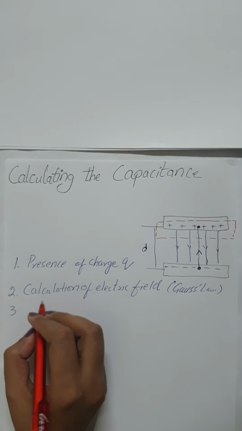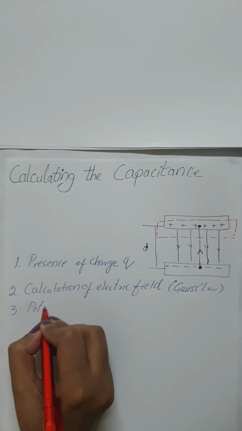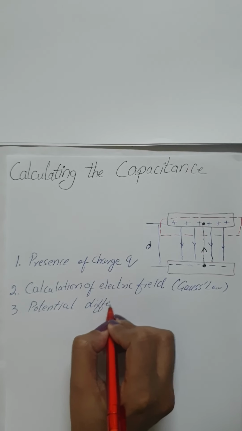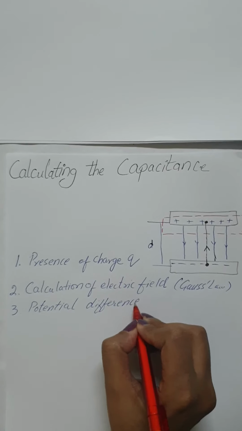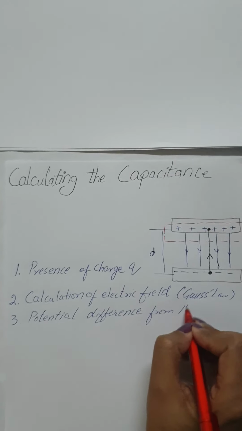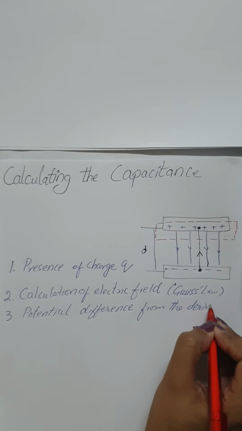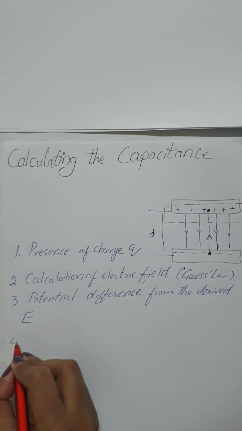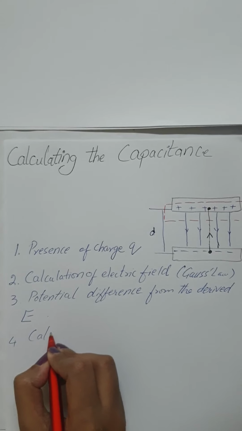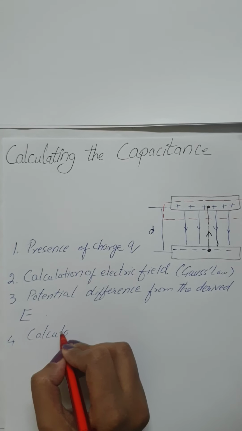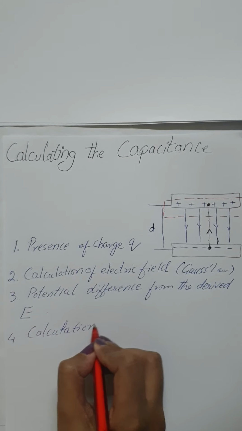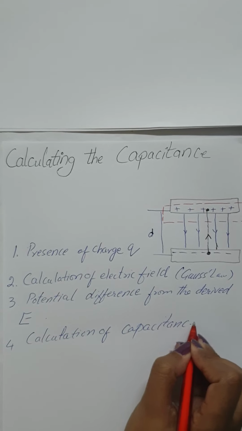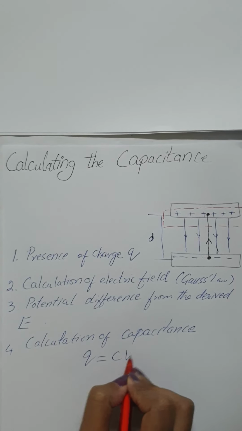Third is calculating the potential difference from the derived electric field. And final is the calculation of capacitance. Q is equal to CV.